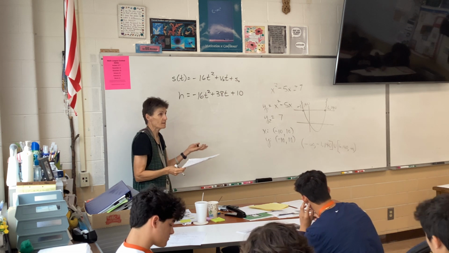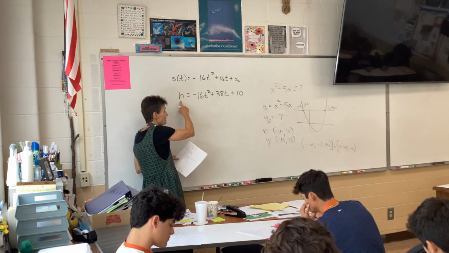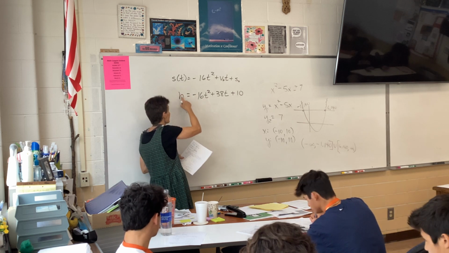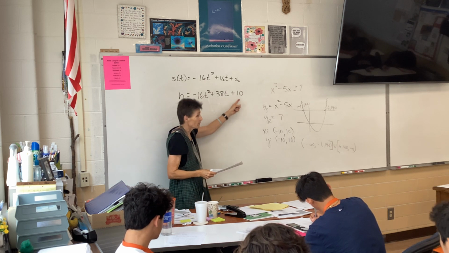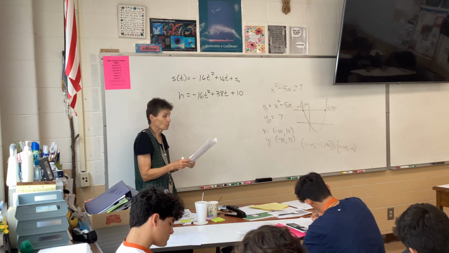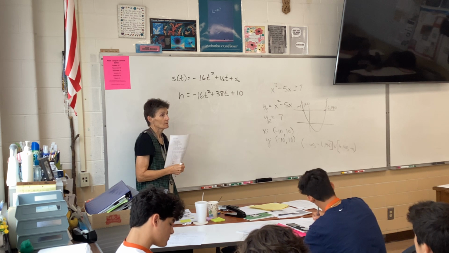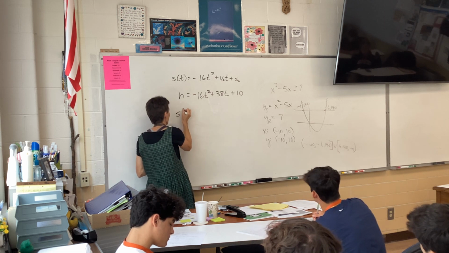So A says write the equation, there it is. Now, I put H here, you can leave S of T. If you'd rather use the function form, that's fine, doesn't matter. Just make sure you have these numbers plugged in. What is the height after 1/2 second? So you plug in 1/2.